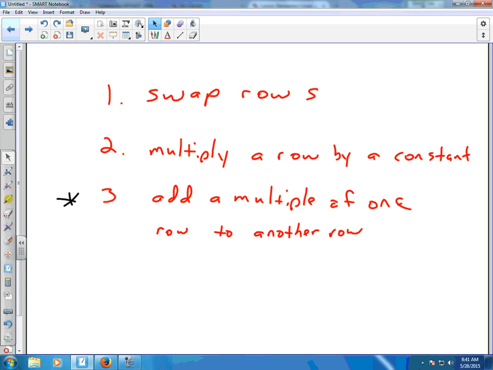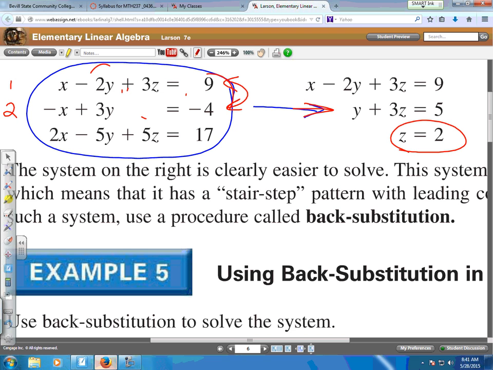And when we solve these, what we're going to do is we're going to try to get our equations initially to look like this. On the right side there, that's in what is called row echelon form.